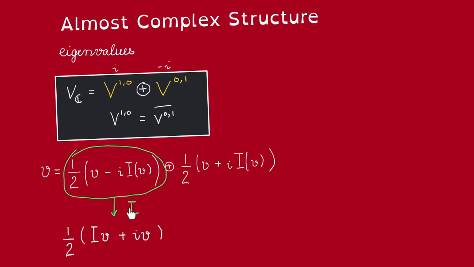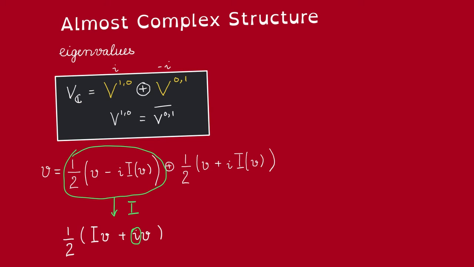If you apply this big I onto this, we'll get this, which is just this expression, and then multiplied with i. So this is indeed an eigenvector corresponding to this eigenvalue little i. And similarly, you can check that this is an eigenvector corresponding to the eigenvalue minus i. So that gives this decomposition of this complexification.